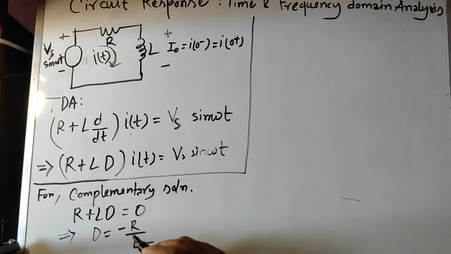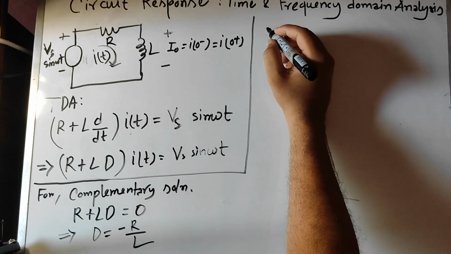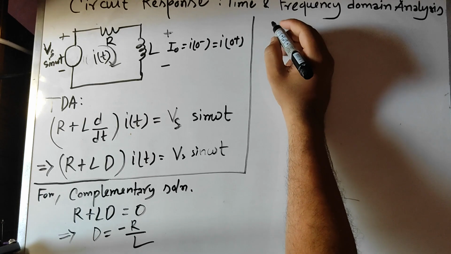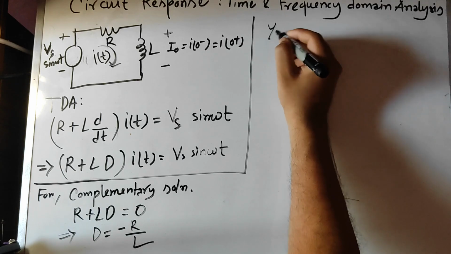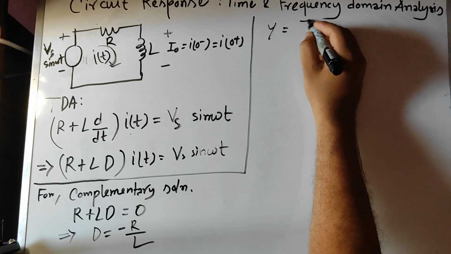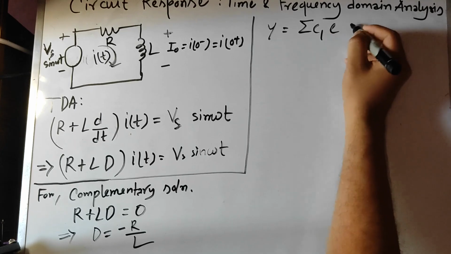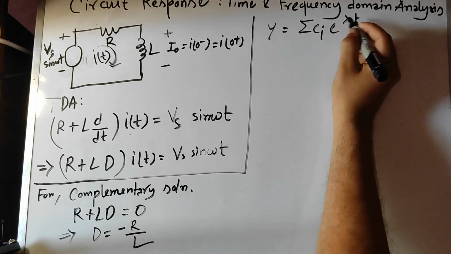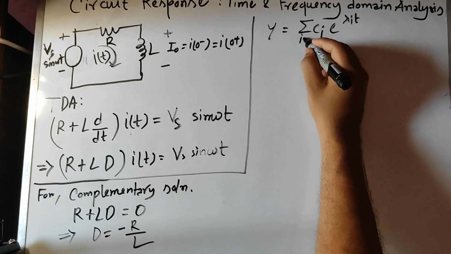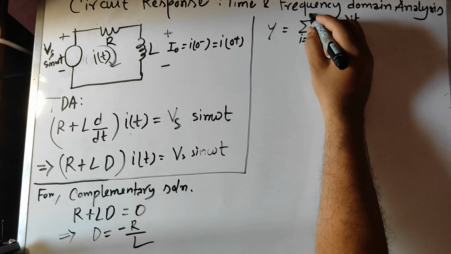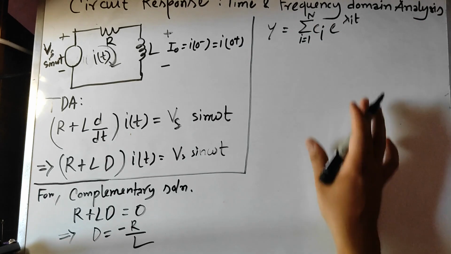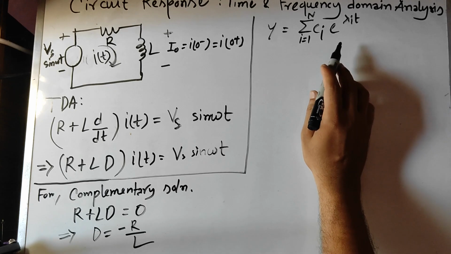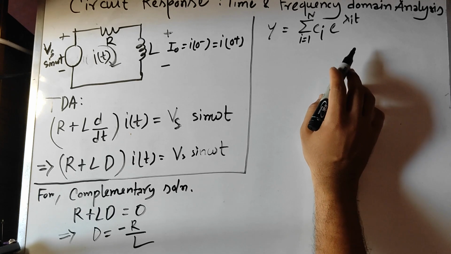We know that all complementary solutions for linear differential equations are of the form y equals the summation of ci e to the power lambda i t, with i equals 1 to n. This is the form for the complementary solution.